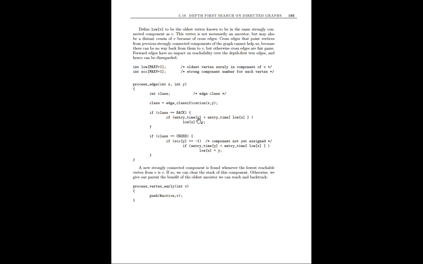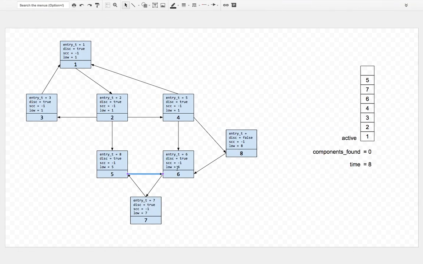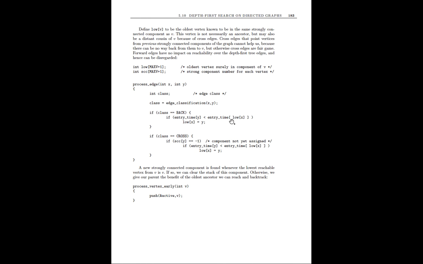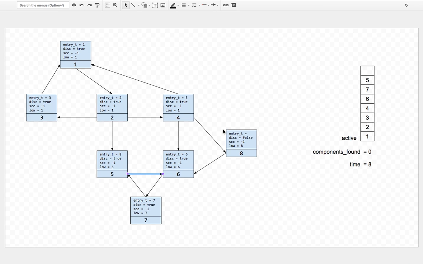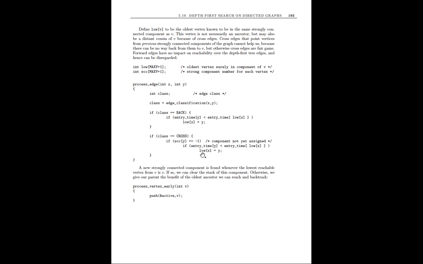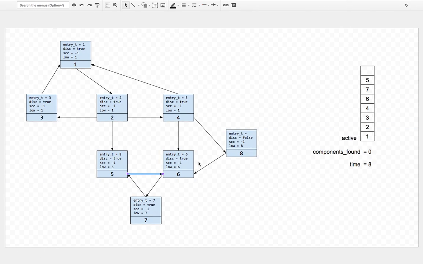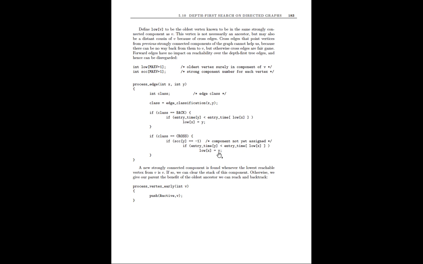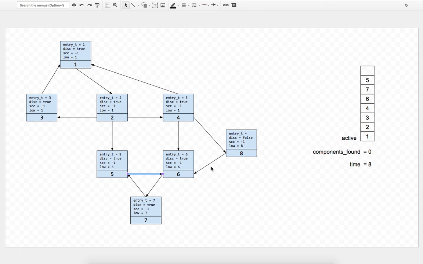We check whether the entry time of the vertex to which our edge points, in this case 6, is less than the entry time of the low of the vertex from which our edge is pointing. The low is 5, the entry time here is 8, 6 is less than 8, so we set the low of our vertex number 5 to be y, the vertex to which our arrow is pointing, which is 6.